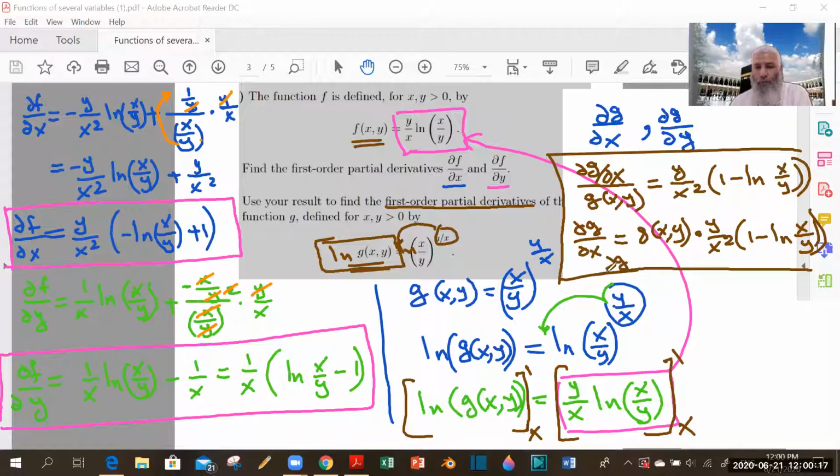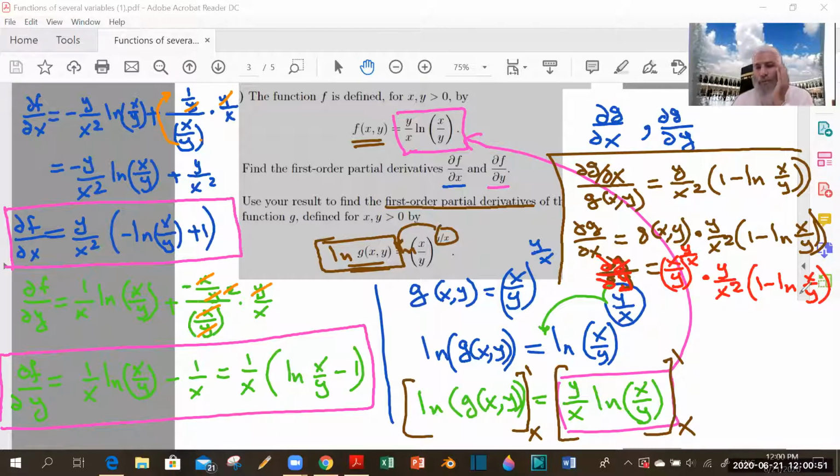So dg over dy equals... I'm sorry, it's another question. Write it in red. dg over dy is this one, x over y to the power y over x, multiplied by this y over x squared, 1 minus ln x over y.